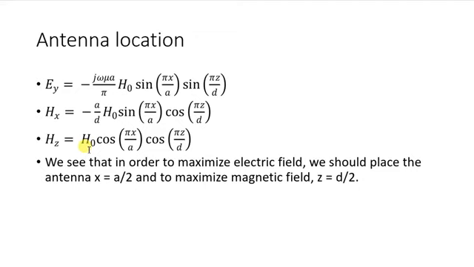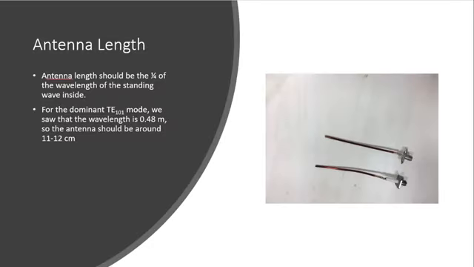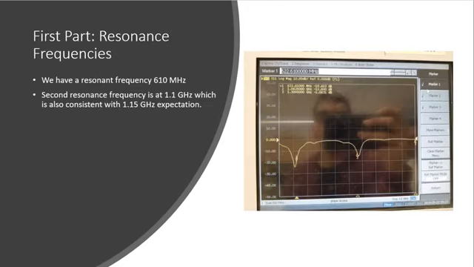So the antenna should practically be at the center of the cavity resonator, and the antenna length should be 1/4 of the operating wavelength of the standing wave. So for our dominant mode, TE101, we have half a meter of wavelength, and our antenna length should be 11-12 centimeters. So let us just come to the experiment part.